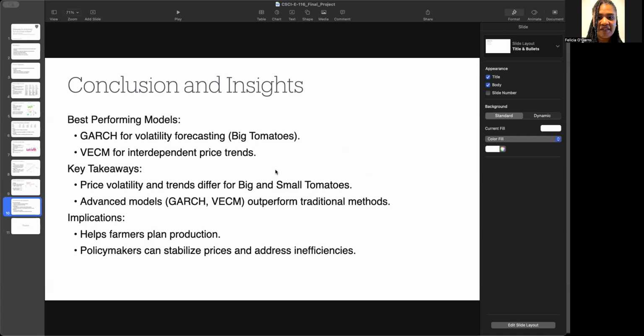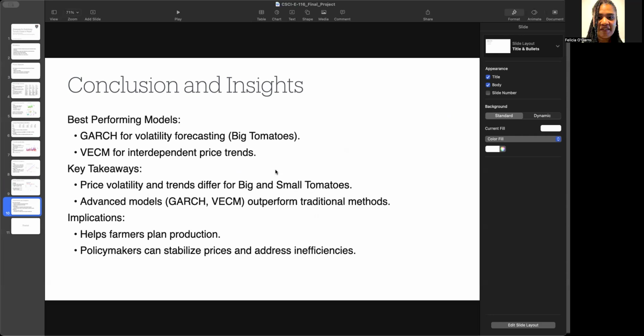Key takeaways as far as my experience and what I learned was that price volatility was a major trend as I looked through, especially for the big tomatoes. And there were a number of other trends, such as seasonality in general.